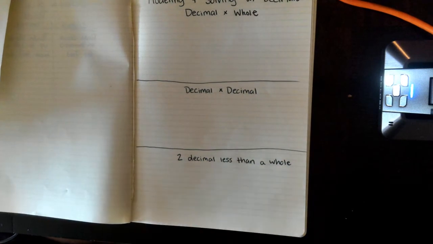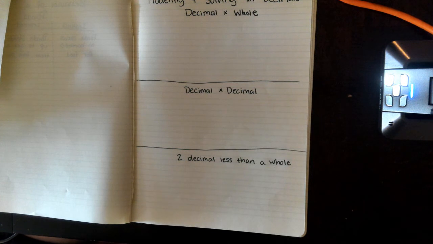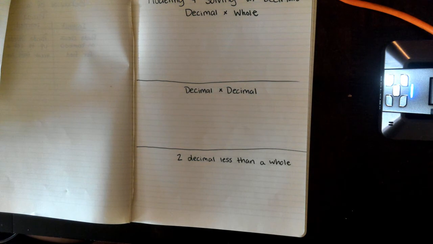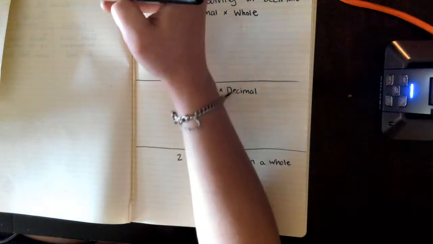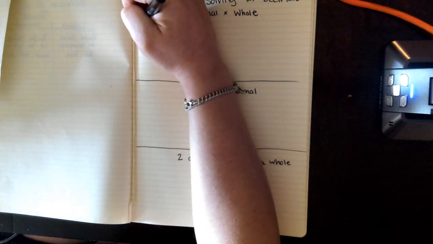Because these are quite unique problems, they are all solved with a little bit different thinking, and their models look different, and how we solve them looks a little bit different. We're going to use the standard algorithm of multiplication to solve our problems with decimals. So let's set up our 3 problems, or we can just start by focusing on one.